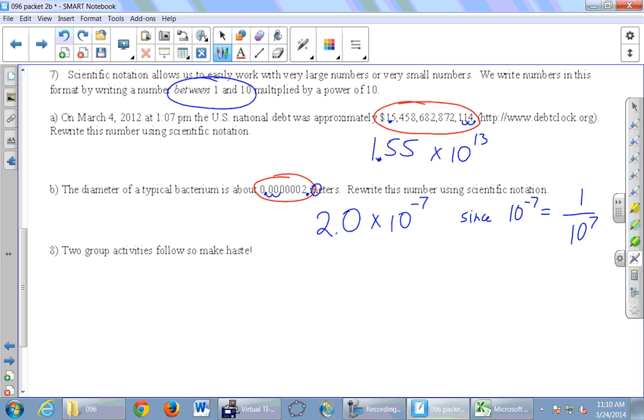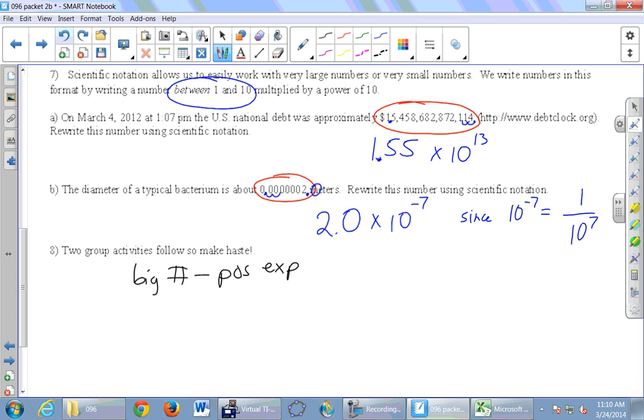So if you have a number very close to 0, you'll start to get this intuition that you got to have negative exponents. So I'll just write this one thing here. Big number leads to positive exponent. Little number leads to a negative, and by little I mean close to 0.